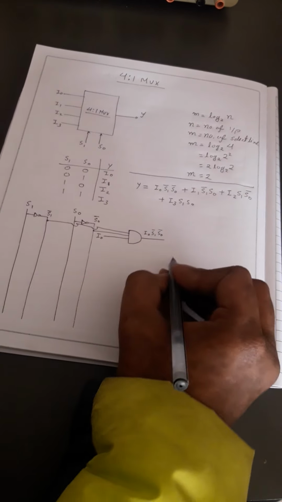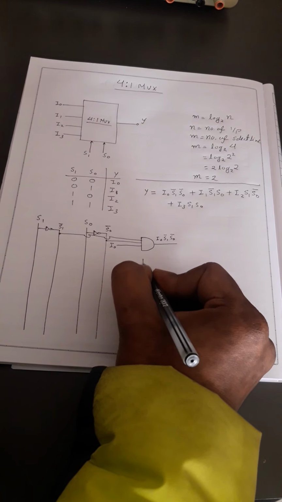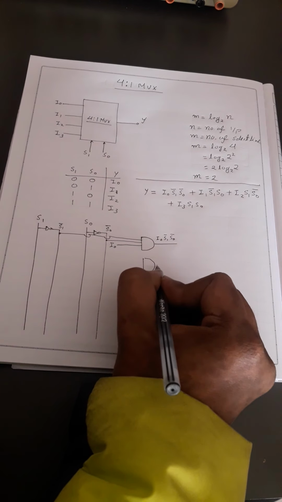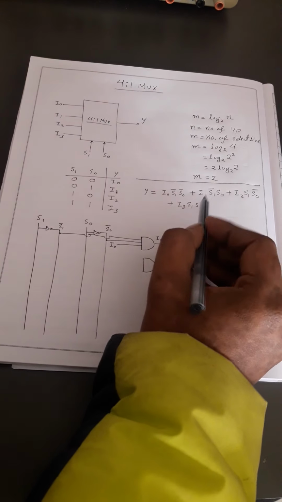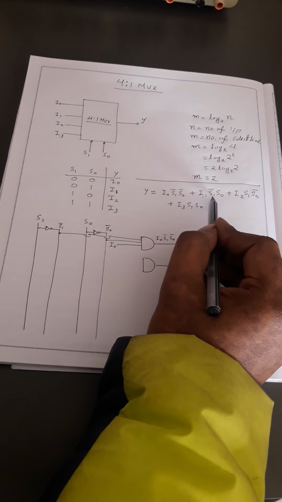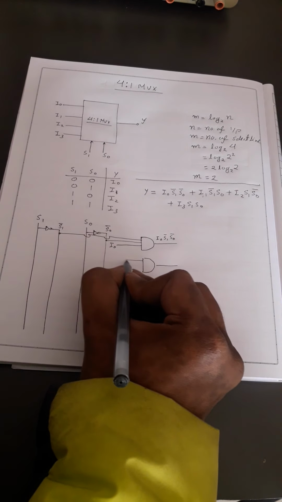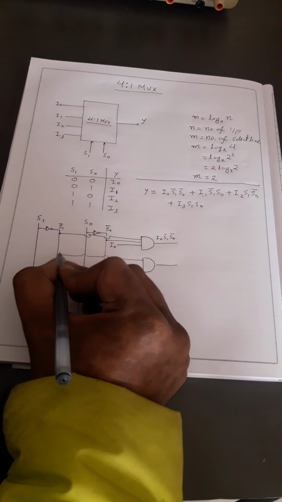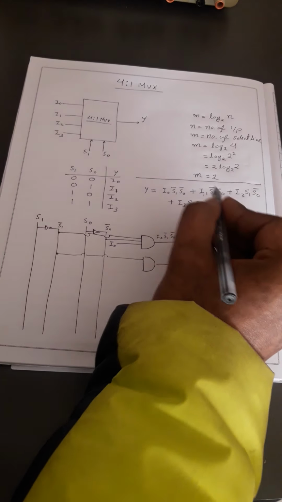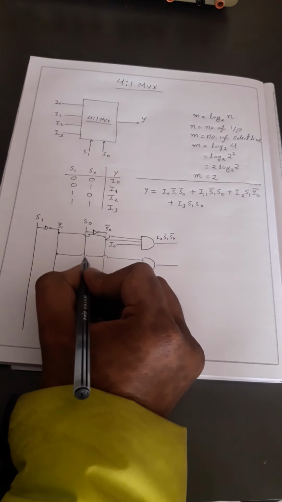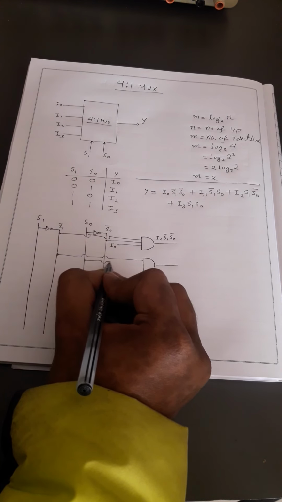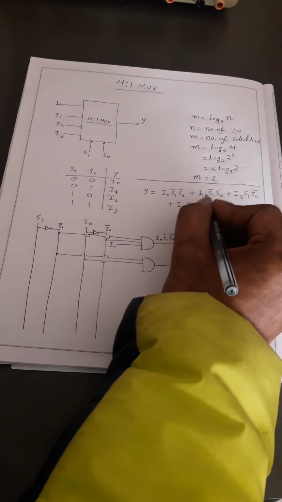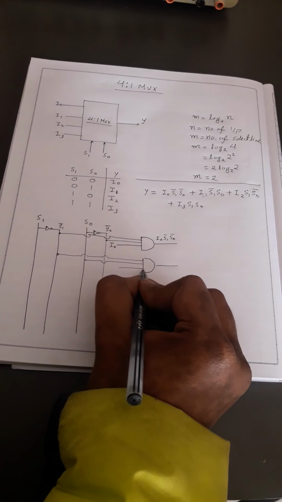Now the second term is I1 S1 bar. Let's take S1 bar first. S0, we'll take from here, and I1 we'll place here.